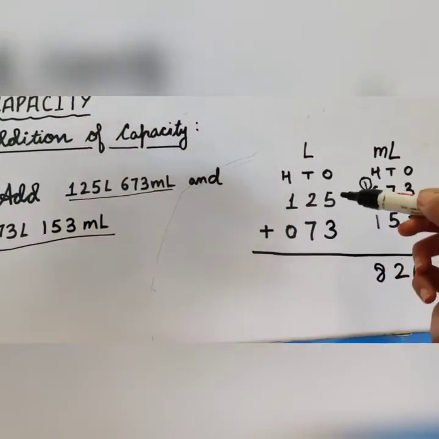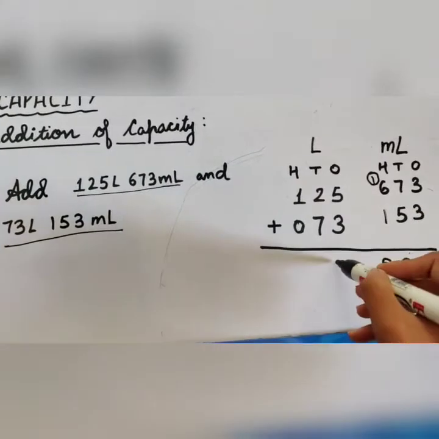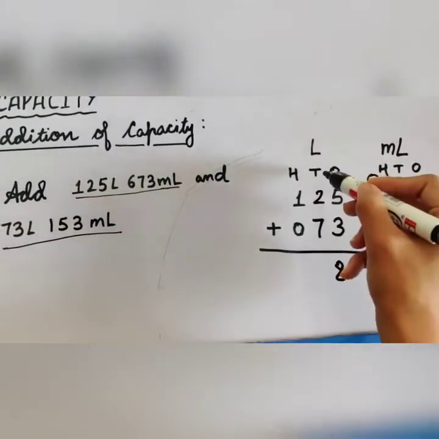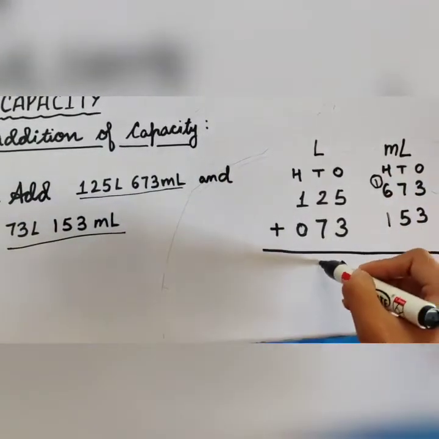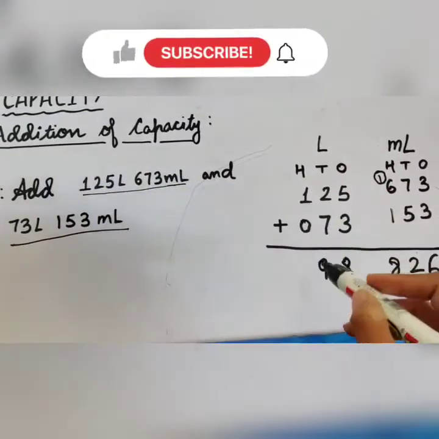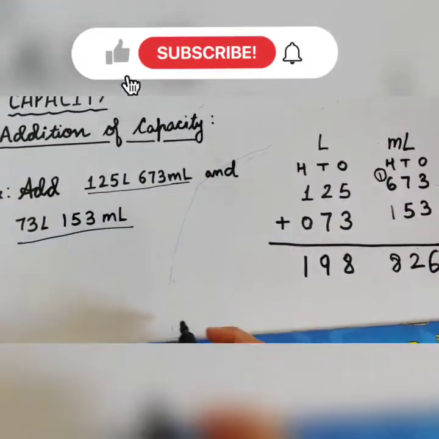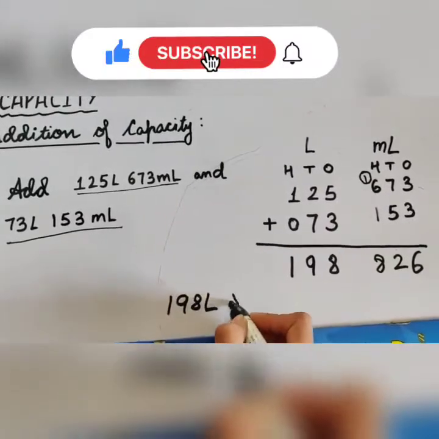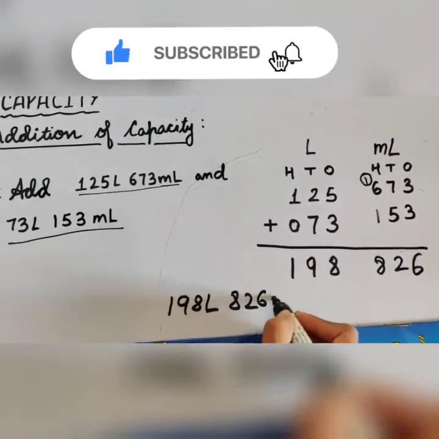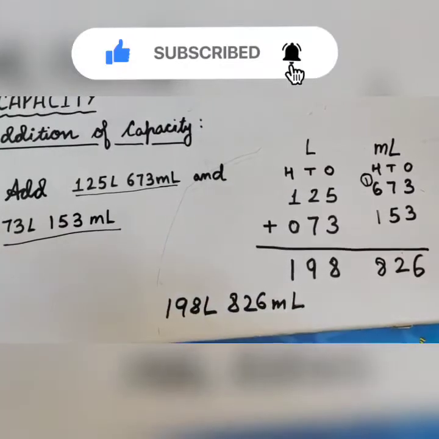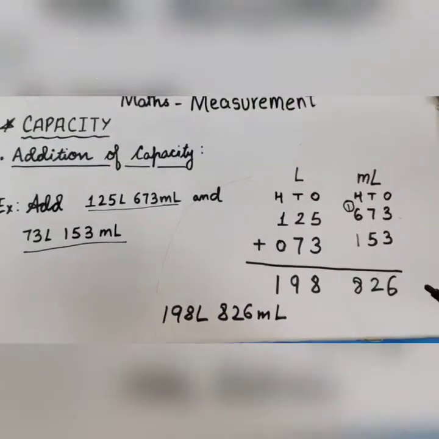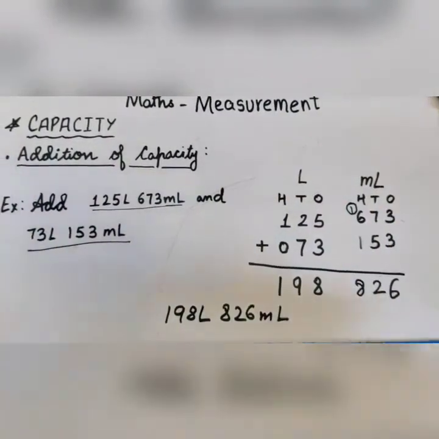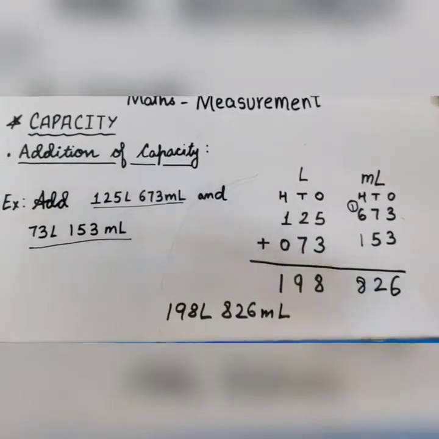Now we will add the liters column. 5 plus 3, 8. 2 plus 7, 9. 1 plus 0, 1. So our answer will be 198 liter 826 milliliter. This will be our answer. This is how we add the different units of capacity together by making the columns.